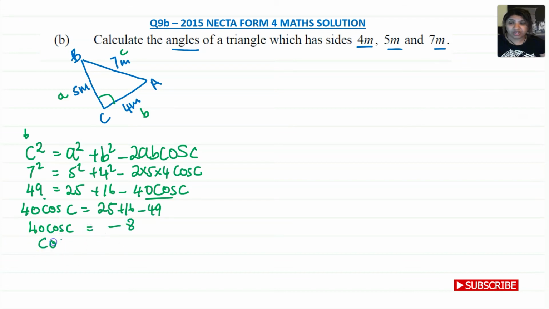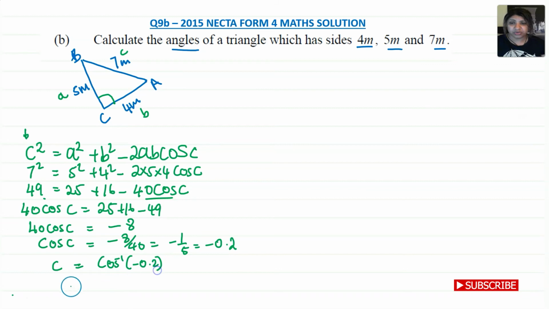Then I have cos C is equal to negative 8 over 40, which is equal to negative 1 over 5, which is negative 0.2. To find C, we need to take the cos inverse of this value. So cos inverse of negative 0.2 gives you C as 101.5 degrees.